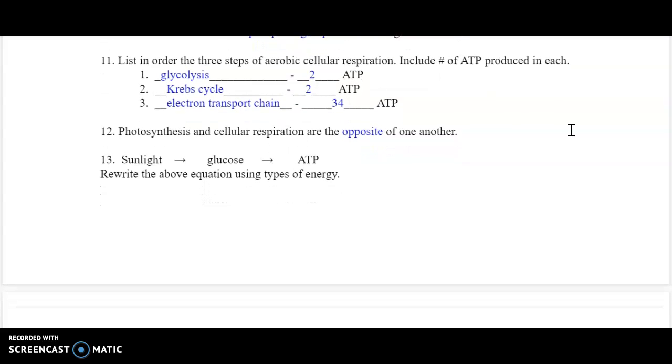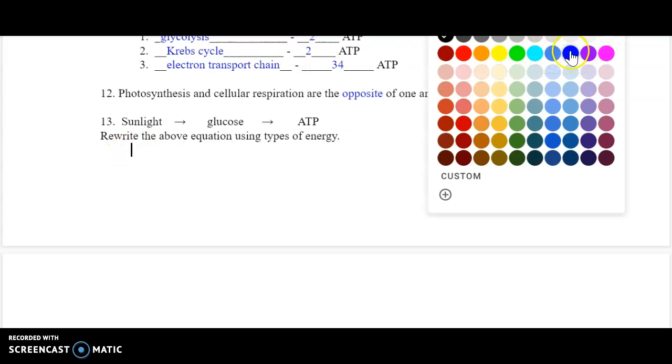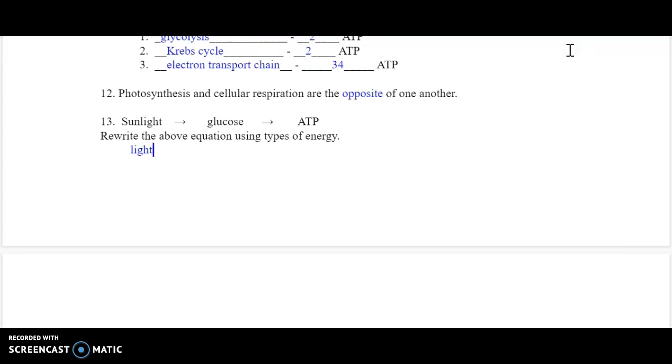Number 13, sunlight to glucose to ATP. We're going to write it as types of energy. Sunlight, of course, would be light energy. Then glucose is chemical energy. Food is chemical energy. There's energy stored in the chemicals in the food. Yes, food's made of chemicals.